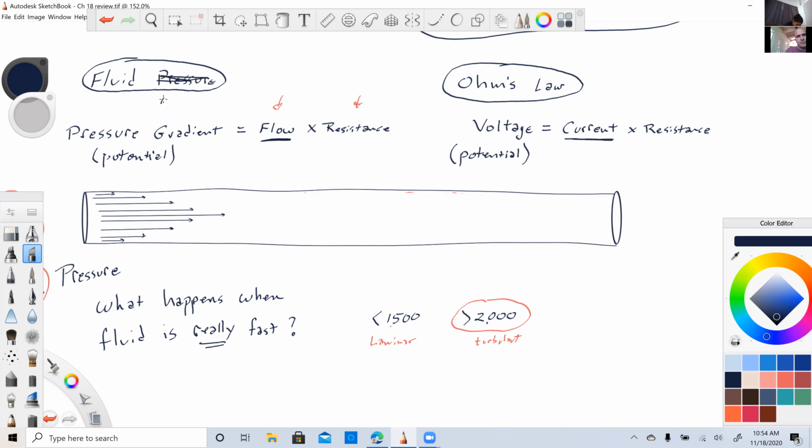I think flow is better. The two equations are virtually identical, even though they're talking about completely different things. And of course, with voltage, it's not the voltage that kills you, it's the current that kills you.